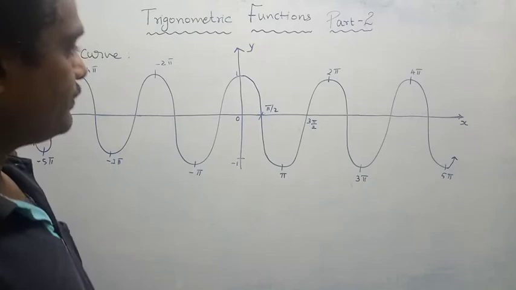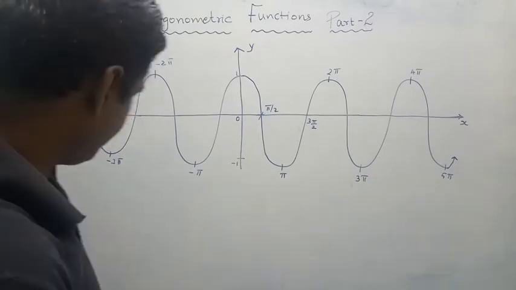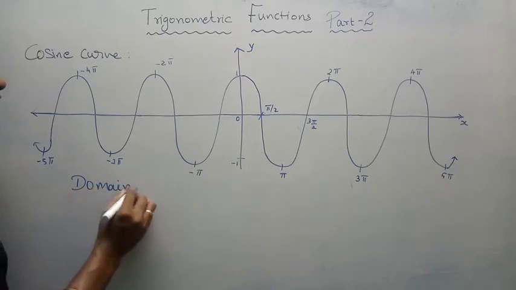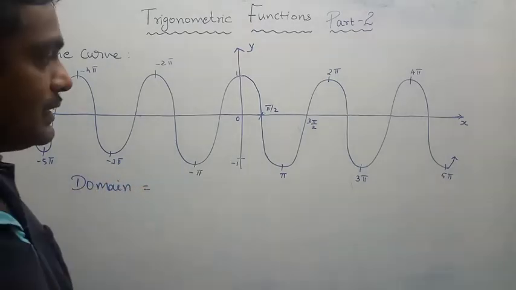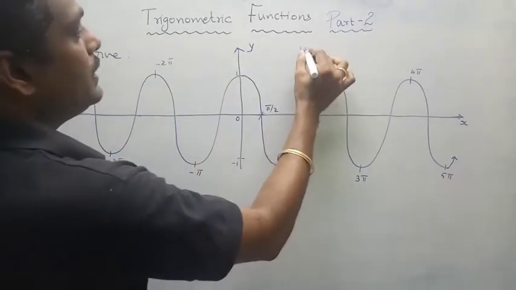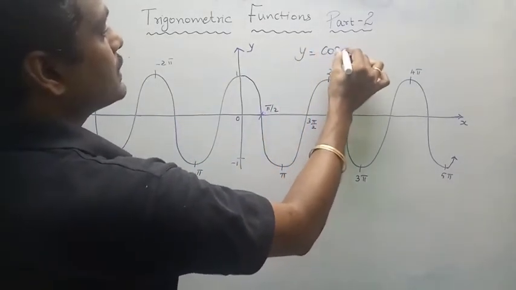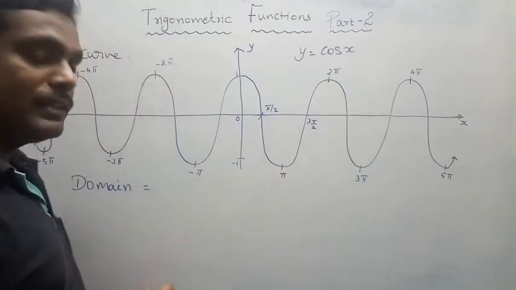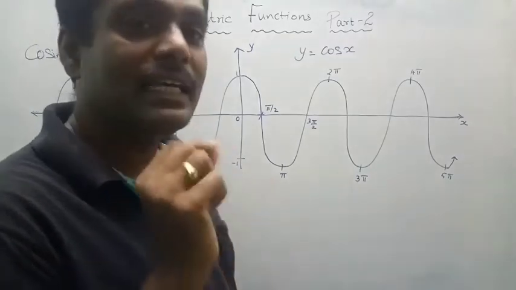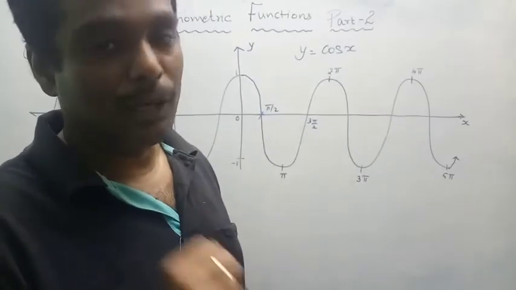See, in this curve, very first, domain. What is meant by domain? Domain is the input of the function. I'll take my function y equal to cos x, where x is the input and cos x is the output.